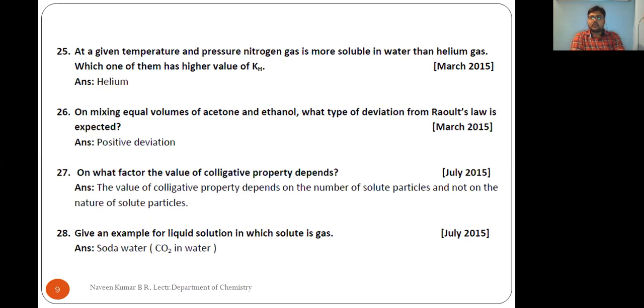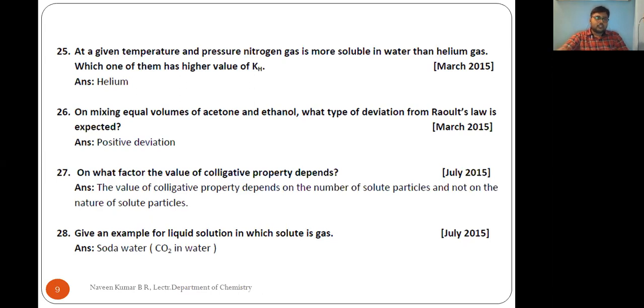Its mathematical form of Henry's law, you can think P is equal to Kh into mole fraction. So Kh and mole fraction are on the same side, right hand side, hence they are inversely related. If Kh value is more, the solubility will be less. If Kh value is less, solubility will be more.